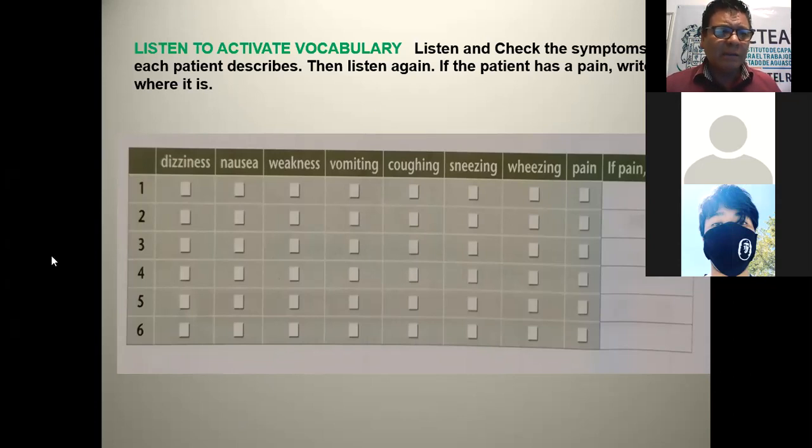Then listen again. If the patient has a pain, we're going to write right here what kind of pain they have, okay? We have this listening comprehension. Look: dizziness, nausea, weakness, vomiting, coughing, sneezing, wheezing, and pain. If they have some of them, we're going to write right here what kind of symptoms they have.